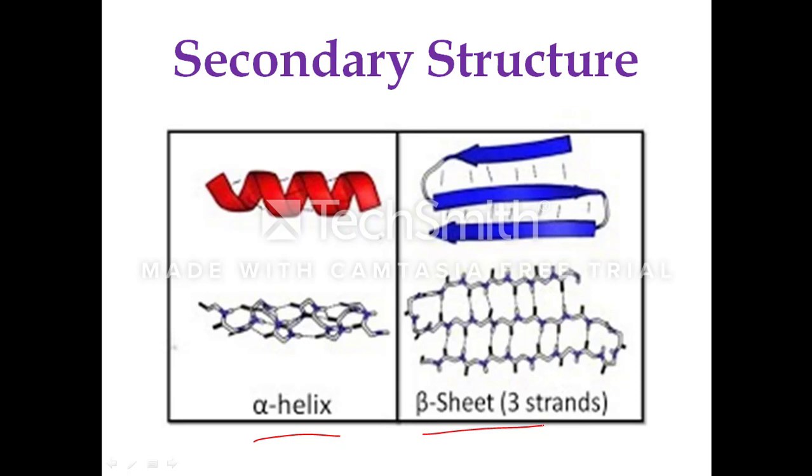Pauling and Corey found that a polypeptide chain with planar peptide bonds would form a right-handed helical structure by simple twist about the alpha carbon to nitrogen and alpha carbon to carboxyl carbon bonds. So these were termed by Pauling and Corey as the alpha helix, and is called so because of the mobility of the alpha carbon atom.